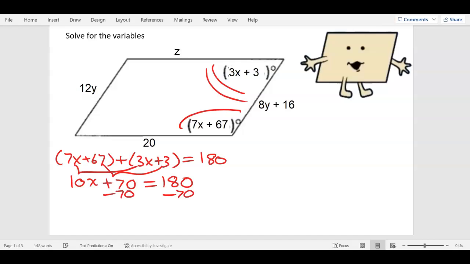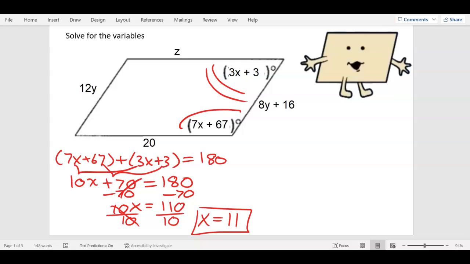Minus 70, minus 70. 10x equals, and 180 minus 70 is 110. Now, to get rid of that 10, last step, it's being multiplied, so the opposite is divide. Divide by 10, divide by 10. 110 divided by 10 is 11. Okay.